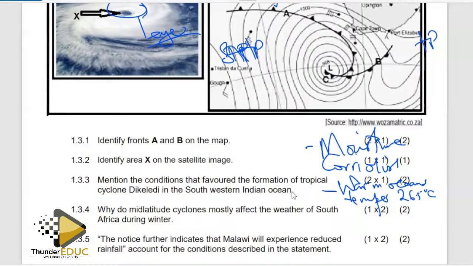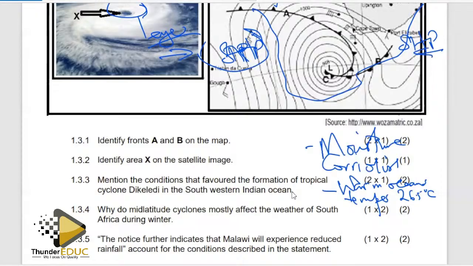Let's assume this is our Southern African subcontinent with the South Indian high here. If the South Atlantic high is here, it's blocking all weather systems coming from the west. And this one is blocking weather systems coming from the east because it's an anticyclone, a high pressure system.